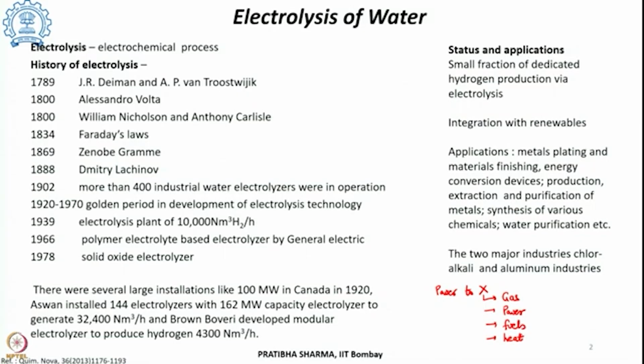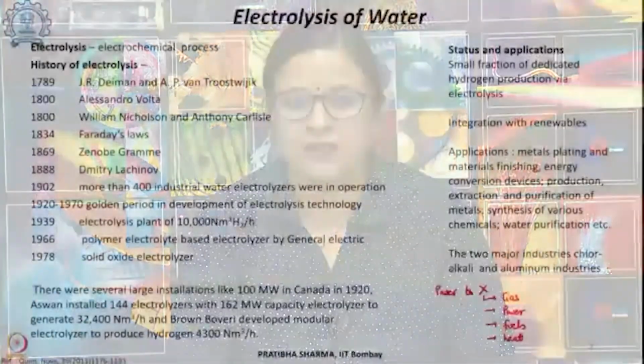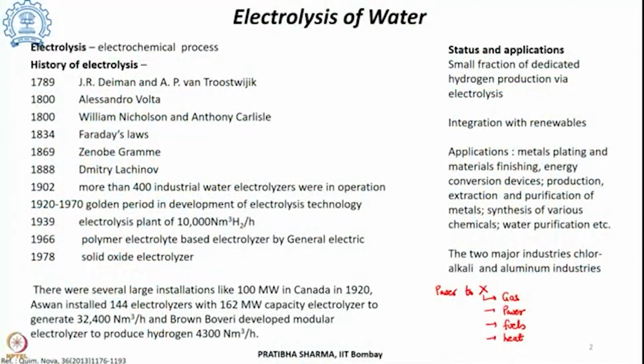The electrolysis technology is not a new technology. Development has been going on for more than 200 years. If we look at the history of electrolysis, as early as 1789, J.R. Deiman and A.P. van Troostwijk for the first time observed gases being released when they inserted two gold wires into a tube filled with water and subjected it to electricity.